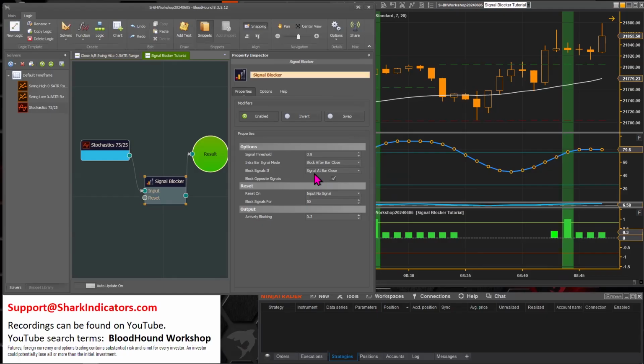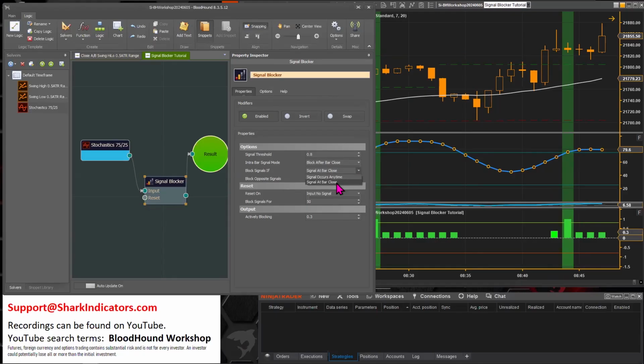If we use signal at bar close, the signal blocker will not be blocking, because this bar closed down and there was no active signal when that bar closed. So this would not be blocking any signals after the bar closes because there is no active signal.